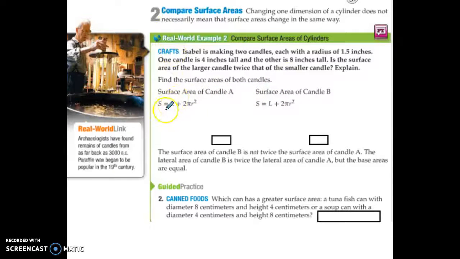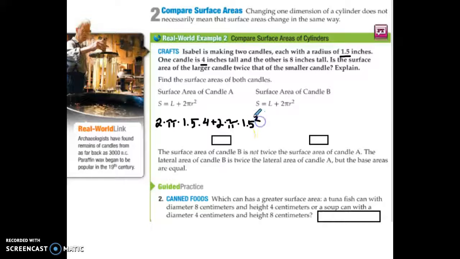Alright, so surface area of candle A. Radius is 1.5, the height is 4. So let's find that surface area. 2 times pi times radius times height plus 2 times pi times radius squared.